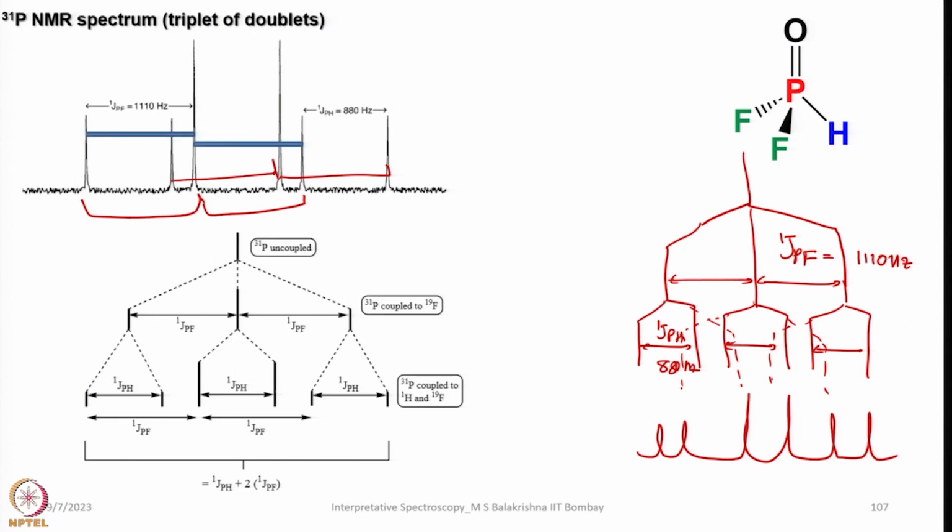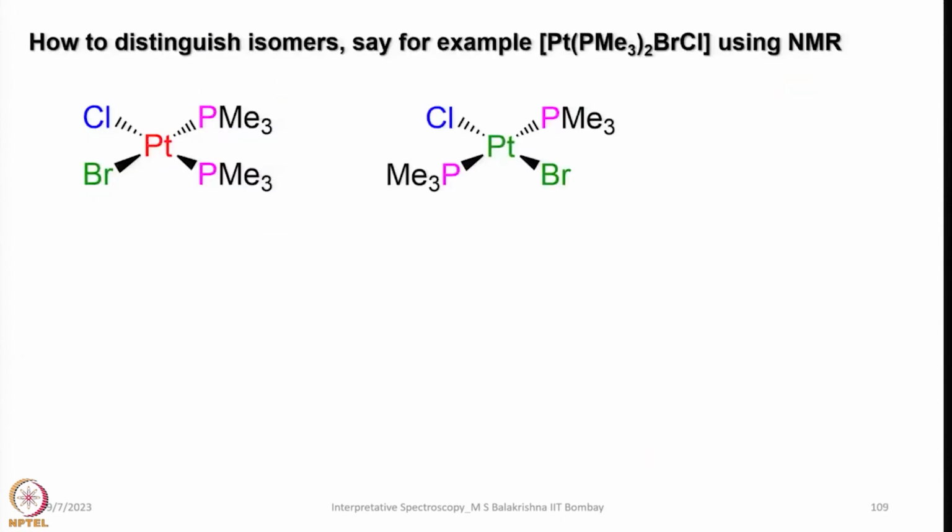So, you can see that one, that is PH coupling. Now let us look into two examples given here. Two isomers of a square planar complex are shown here. We have on platinum two PMe3 groups, and one bromine and one chlorine, and you know that square planar complexes of the type MA2B2 or MA2BC can show isomerization.